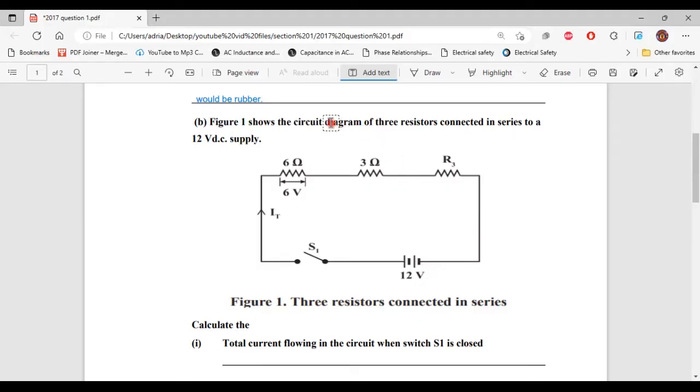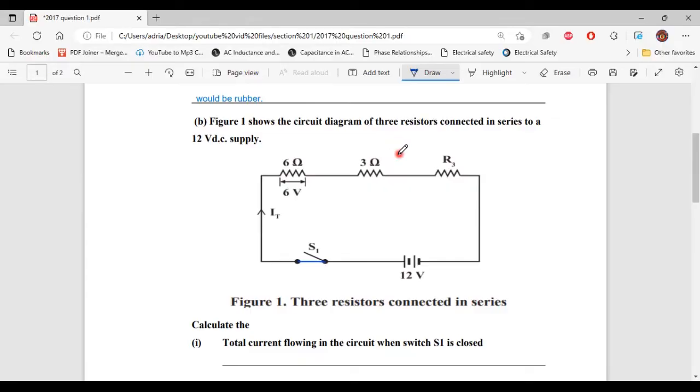So part 1 of B, it says to calculate the current flowing in the circuit when switch S1 is closed. All right, so let's close switch S1 here. Now that the switch is closed, we need to calculate the total current flowing in the circuit.